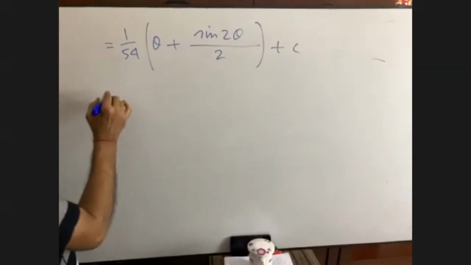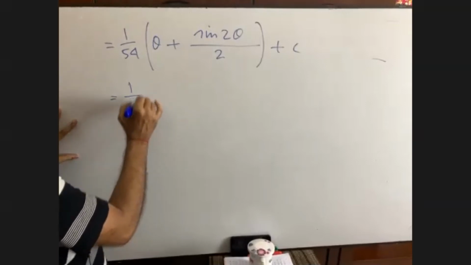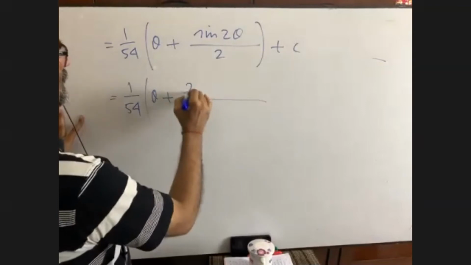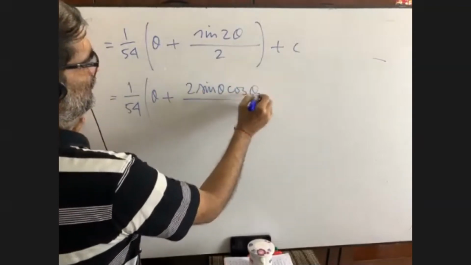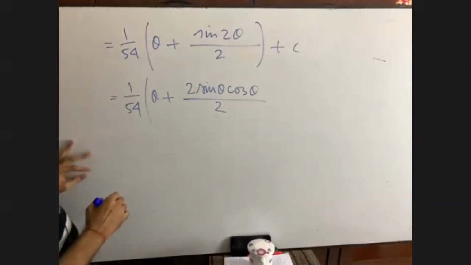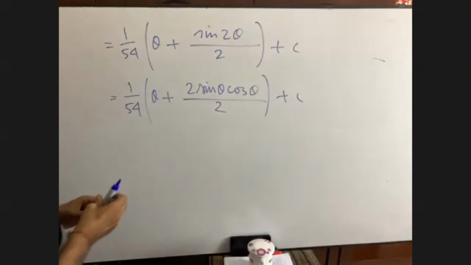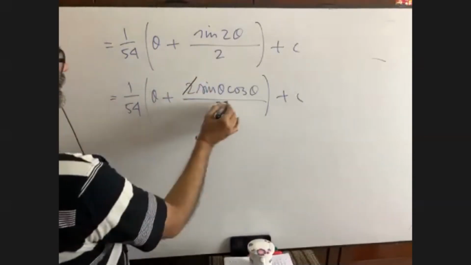Then you see 1 by 54 theta. What is sin 2 theta? 2 sin theta cos theta by 2. Is it? Yes, it is. Now we are getting 2 omitted.